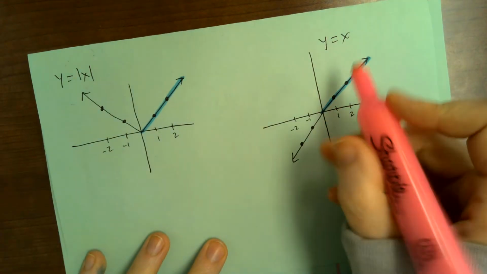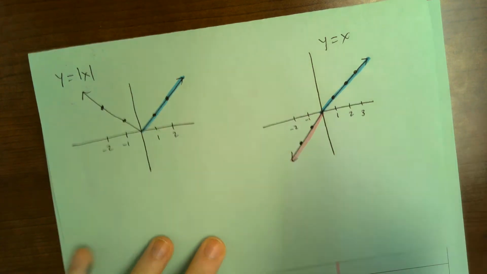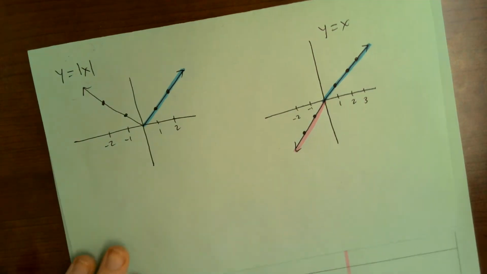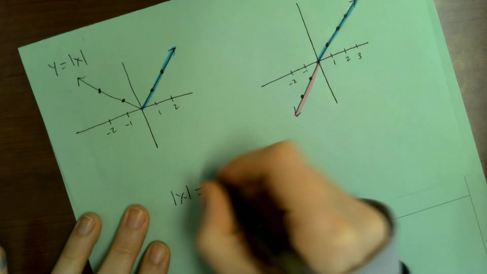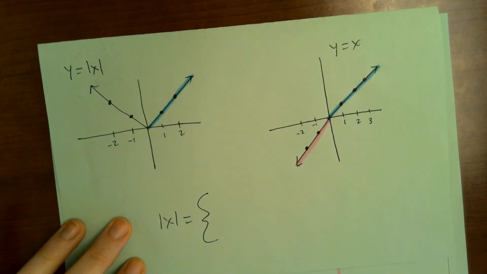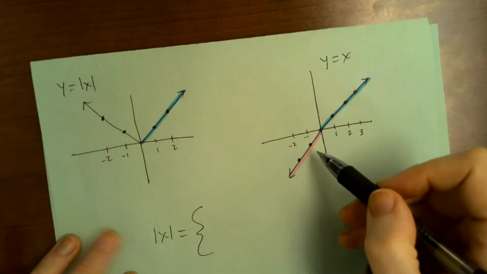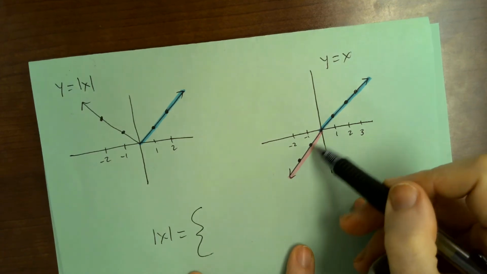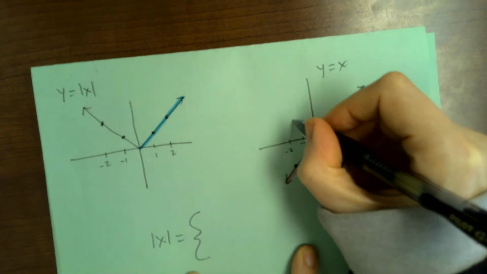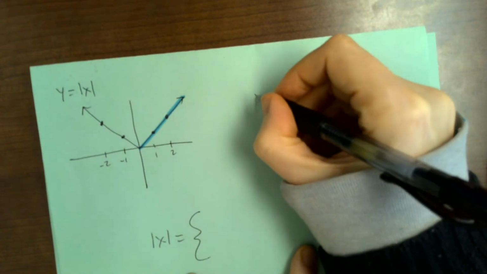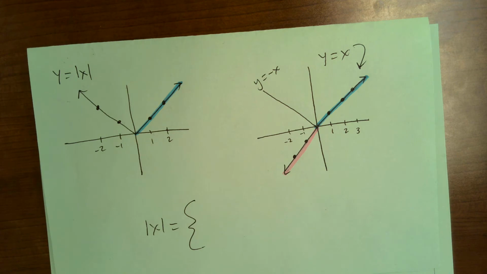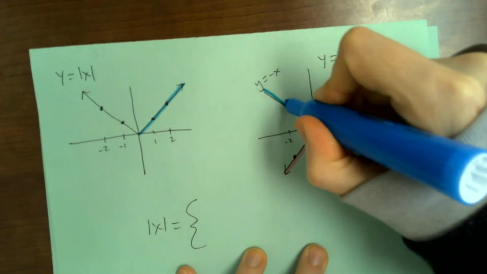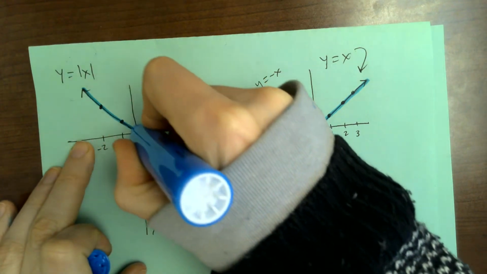But then it's the negative part of y equals x that we need to negate if we're going to use this piecewise thing.